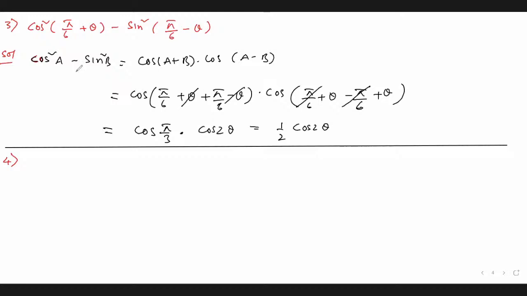See, cos A plus B value becomes pi by 6 plus theta plus pi by 6 minus theta, into cos pi by 6 plus theta minus pi by 6, minus of minus becomes positive. Now minus pi by 6 plus pi by 6, minus theta plus theta get cancelled. Cos pi by 3 into cos 2 theta. Cos pi by 3 value is 1 by 2 into cos 2 theta is the answer.